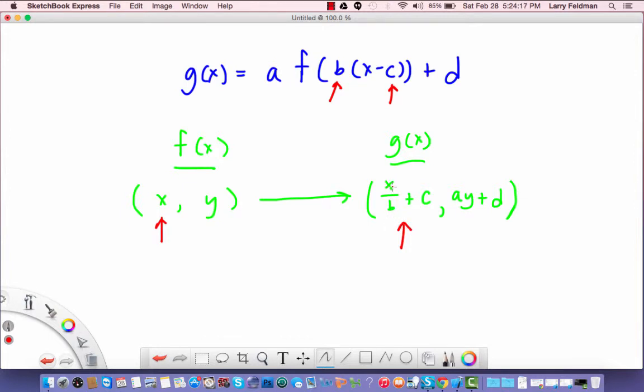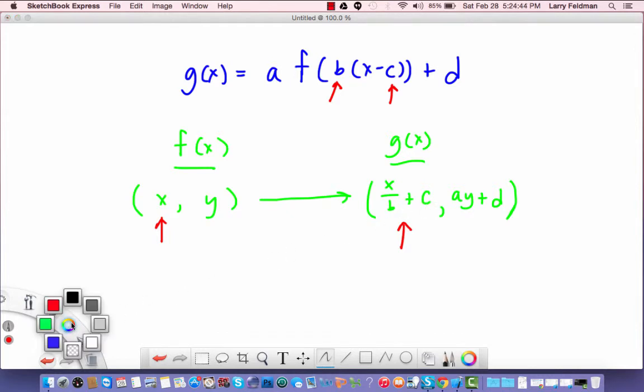So we take the old x value, we divide by b. We divide by b as we discussed in the first video on transformations that b is counterintuitive. If the absolute value of b is greater than 1, it's actually a shrink, and if the absolute value of b is less than 1, it's a stretch. So we divide by b, and then we add c. So we add the horizontal shift. And if c is negative, you'll end up just subtracting.